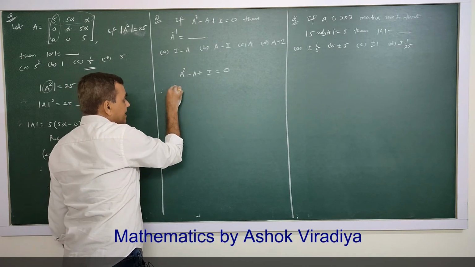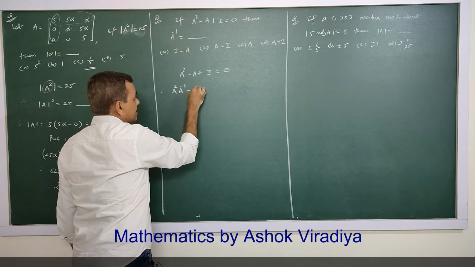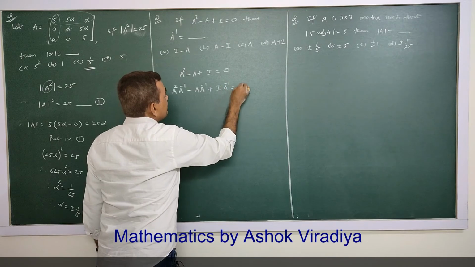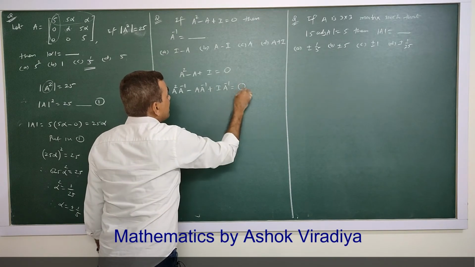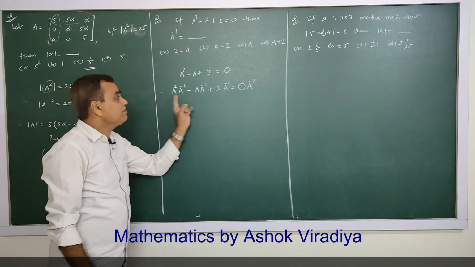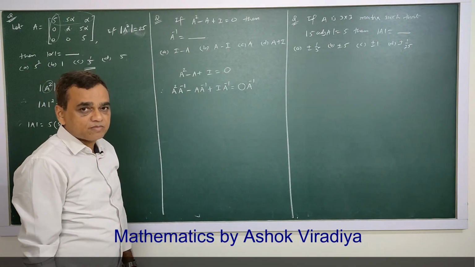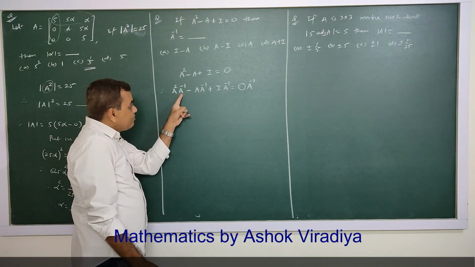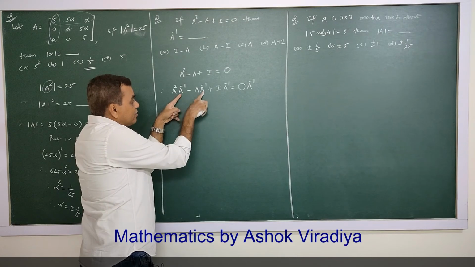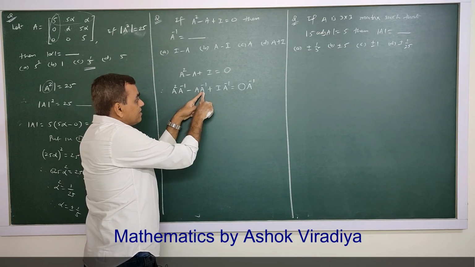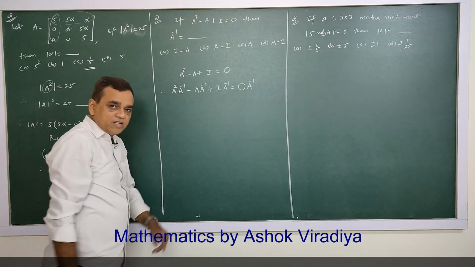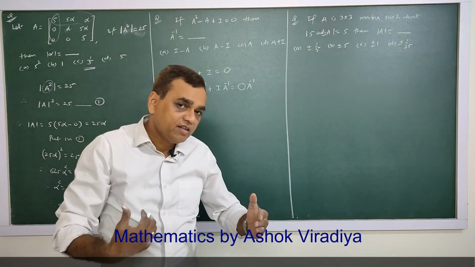So A square into A inverse minus A into A inverse plus I into A inverse, and multiply this 0 matrix with A inverse. So every term is multiplied by A inverse. I have multiplied from the right side. A square is on the left, this is on the right side. So everywhere multiply A inverse on the right side. If you multiply on the left side, then keep it on the left side everywhere.